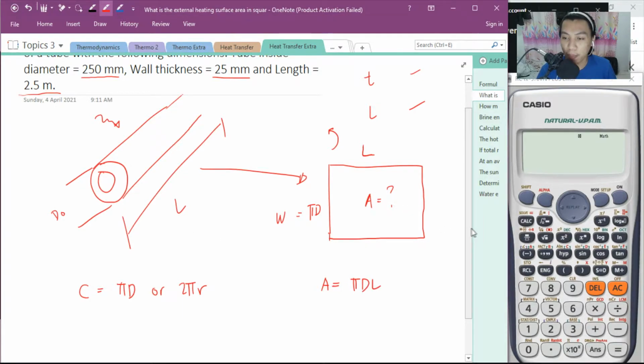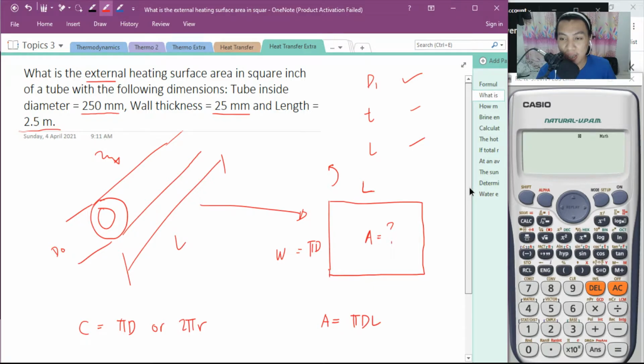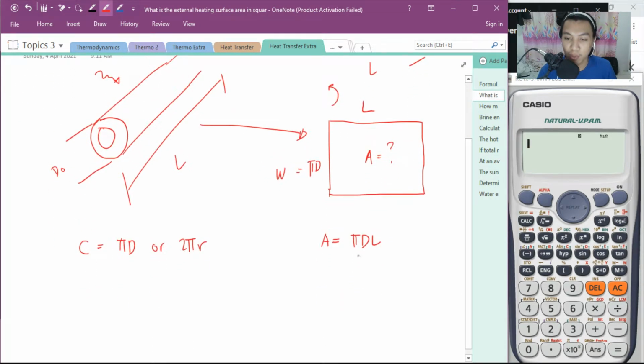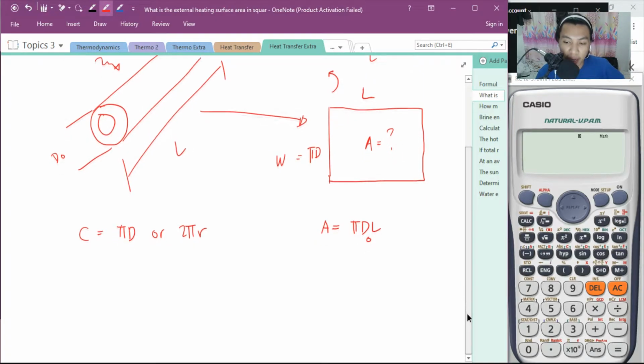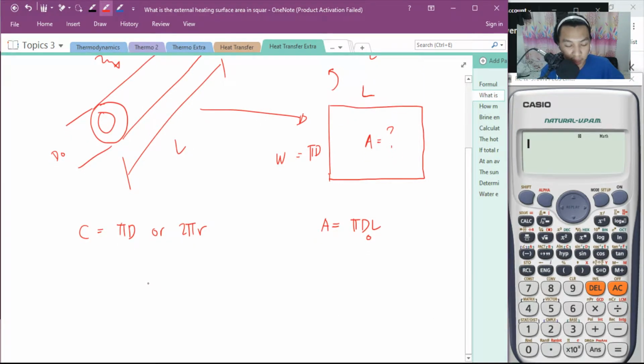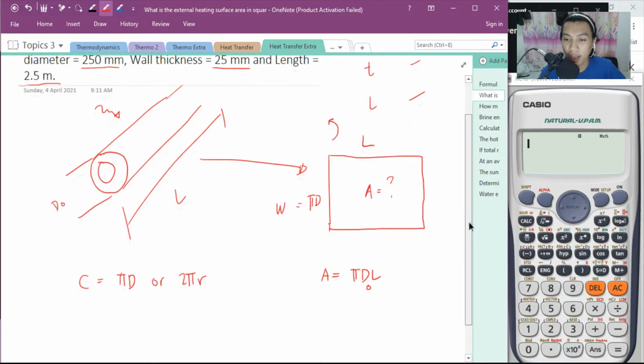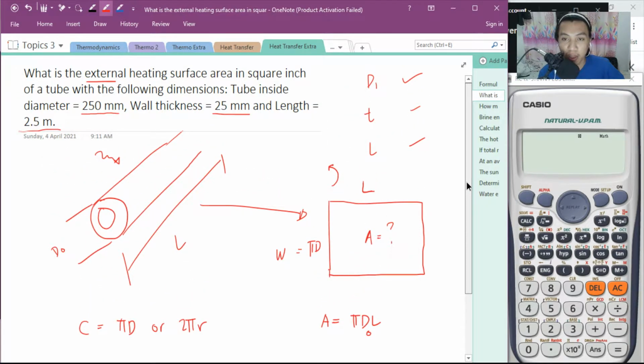Ngayon, ang pinag-uusapan natin dito is the external heating surface. So, therefore, you will get the external diameter or outside diameter. Now, the problem there is you don't have any given value for your DO. But you are given the values for your thickness and then the inside diameter.